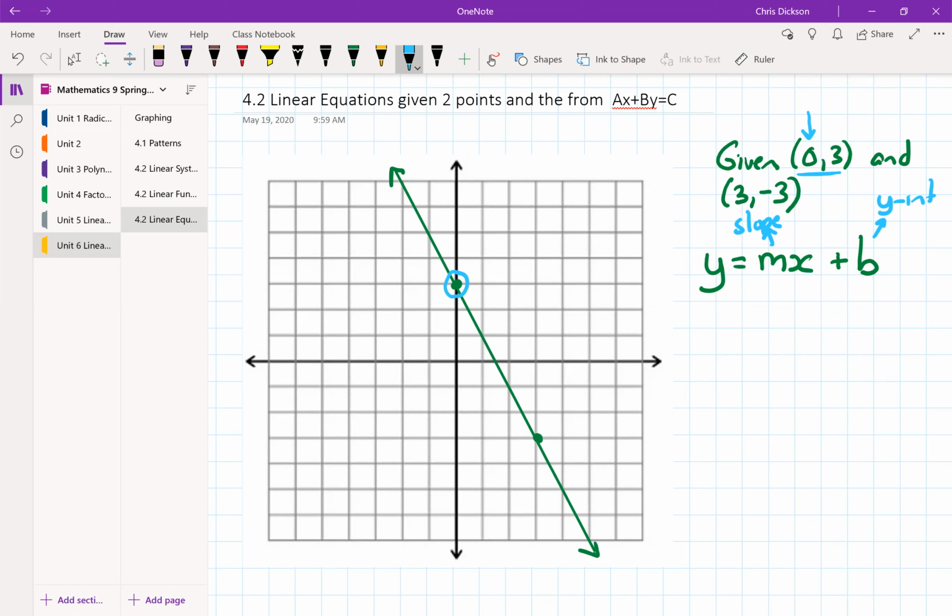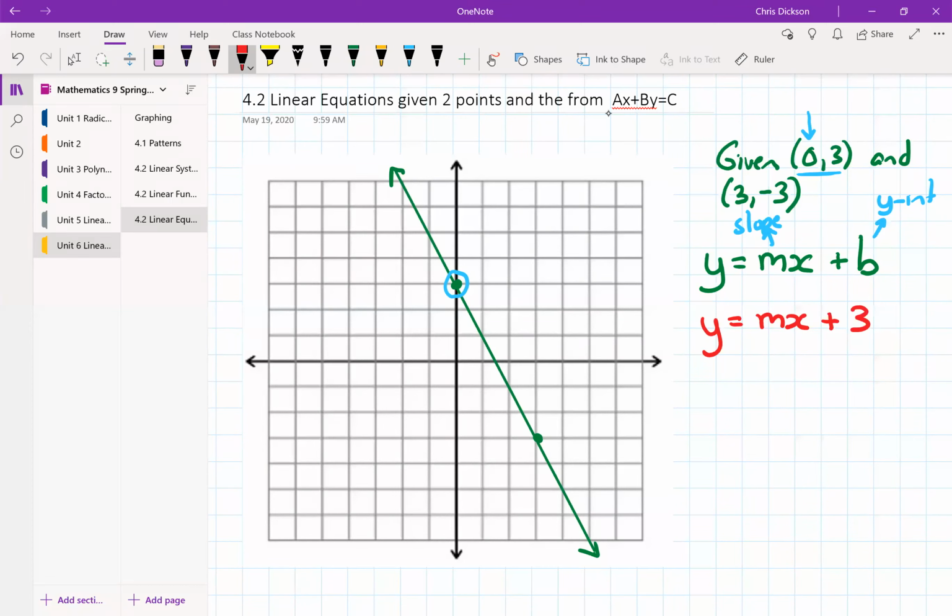Okay, so I know the y-intercept is 3, so I guess I could say y is equal to mx plus 3. So I know that's true. And then I have to figure out the slope here. Now there is a formula for slope, which if you use it properly, you'll always get the plus and minus right. But if you're using the graph, you can easily make a mistake of making it positive when it should be negative.